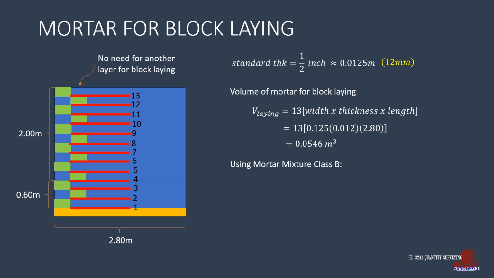With mortar mix class B, cement is then estimated as 0.0546 times 12, making 0.6552 bags. The quantity of sand is computed as 0.0546 times 1, which is equal to 0.0546 cubic meters, just the same.